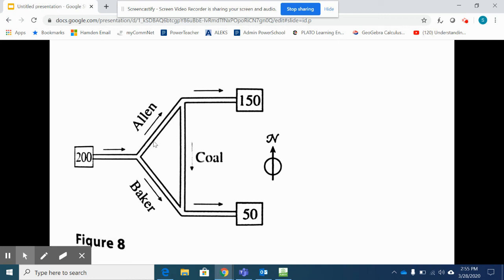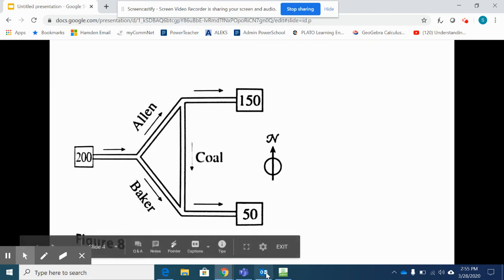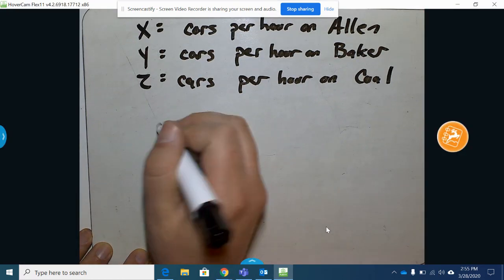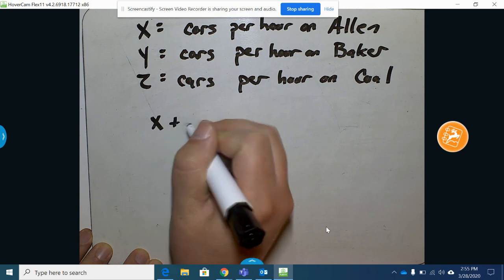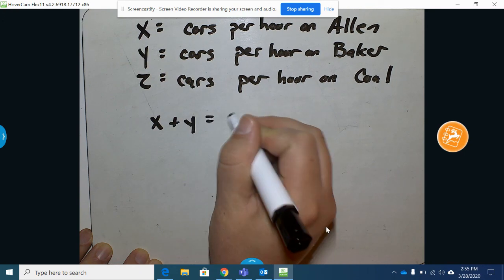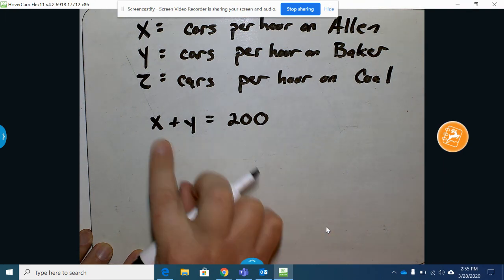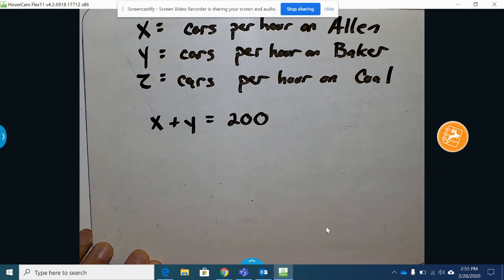How do we represent Allen and Baker equal 200? Well, that would be X plus Y would be our 200 cars. So when the 200 cars enter, they could either go to X or Y.